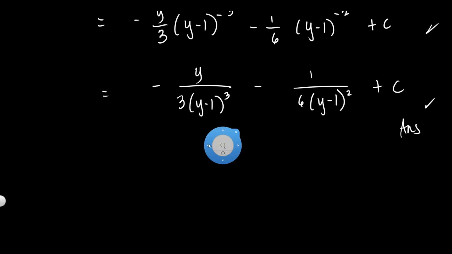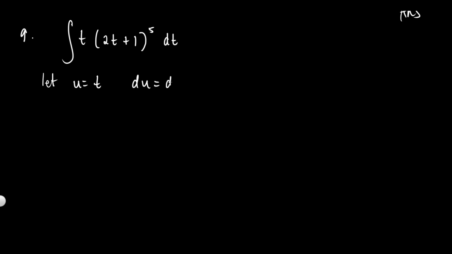So, what number now? Number 9, right? Number 9. How about this one? The integral of t times 2t plus 1 raised to 5 dt. Okay. So, if we let u equals t, du is dt. Okay. Then dv is equal to 2t plus 1 raised to 5 dt.